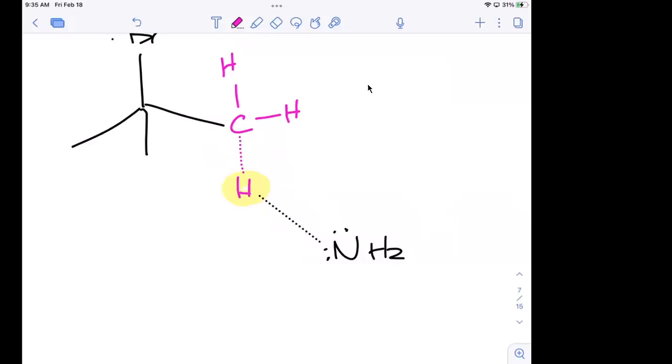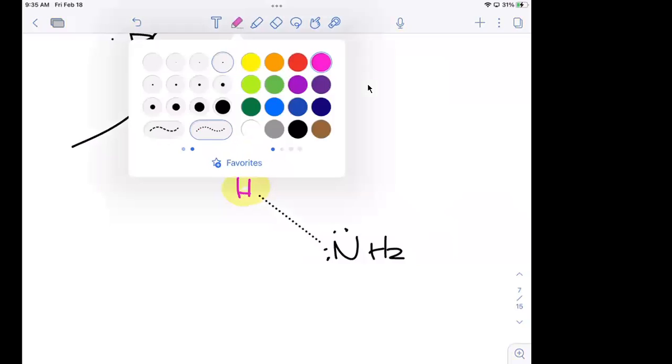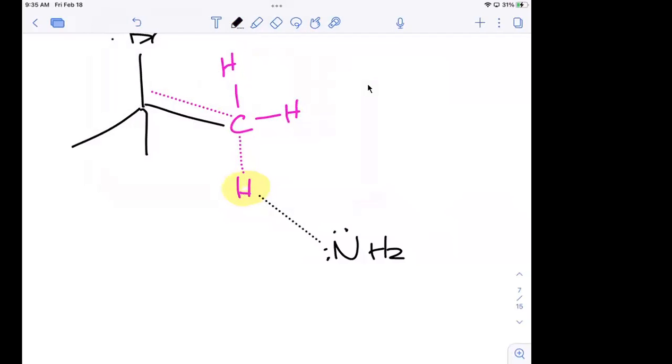I'm going to put that in pink because that's where the electrons are coming from. And then there's a partially broken bond to the leaving group. Those dotted lines mean that the bond is either partially broken or partially formed.